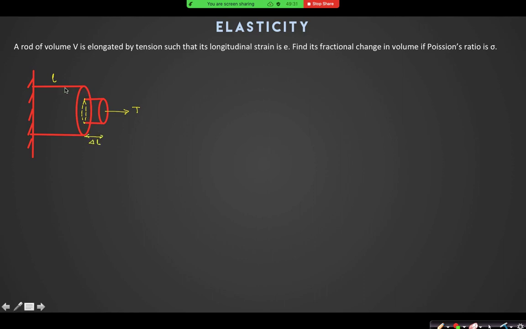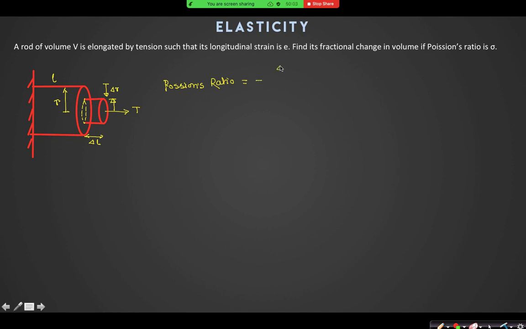But what was the earlier radius R has now decreased by R minus delta R, right? So this decrease is delta R, right? So as length increases, radius decreases. Poisson's ratio is the ratio of the lateral strain divided by longitudinal strain.